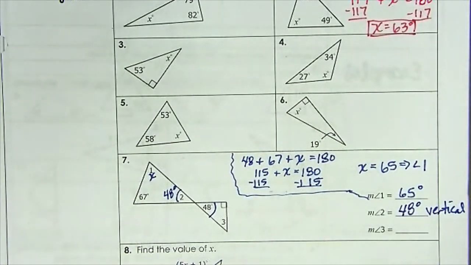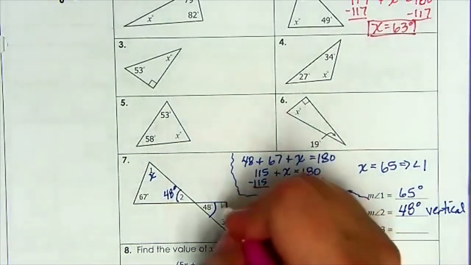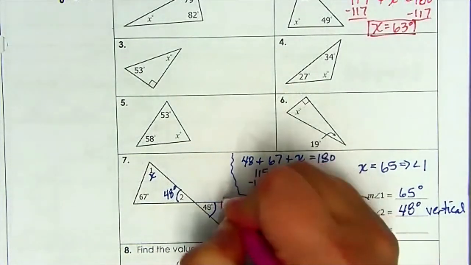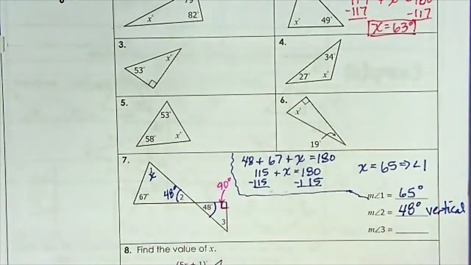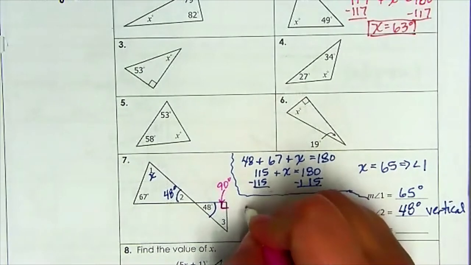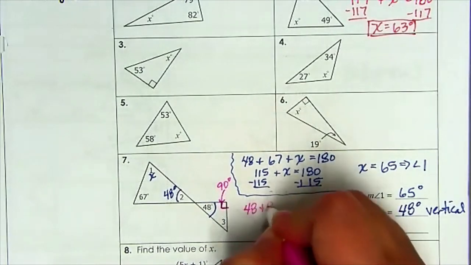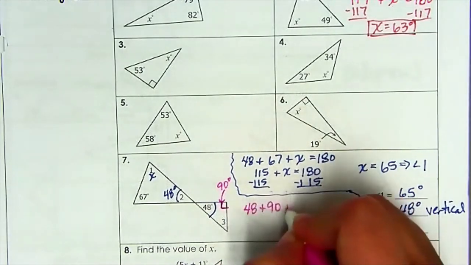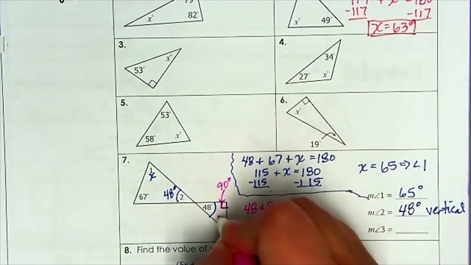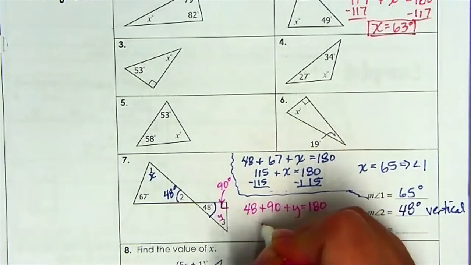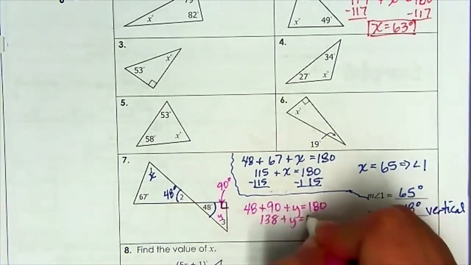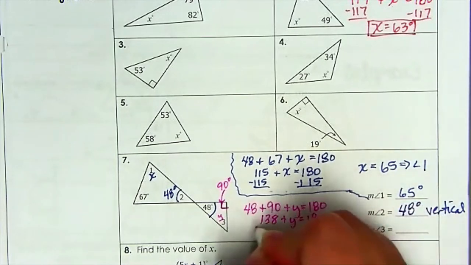Now we're going to do the work for angle 3. What I need to remember is this box right here tells me that this angle is 90 degrees. So now I can do 48 plus 90 plus Y, which will make angle 3 Y, equals 180 degrees. 48 plus 90, that's 138 plus Y equals 180.